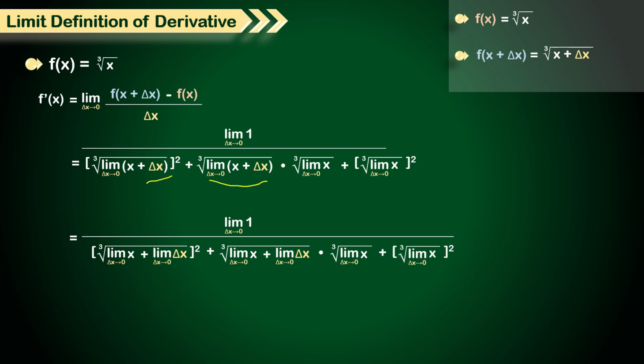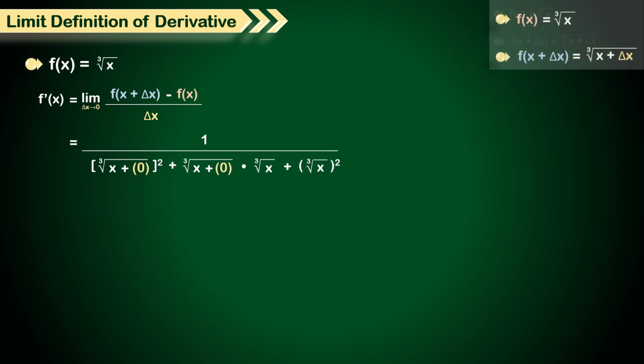Get the limit: 1 over the square of the cube root of the sum of x and 0, plus the cube root of the sum of x and 0 multiplied to the cube root of x, and added to the square of the cube root of x.